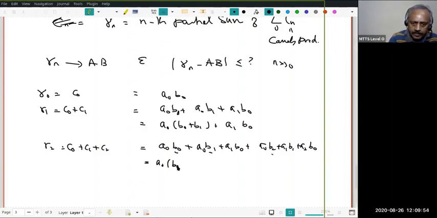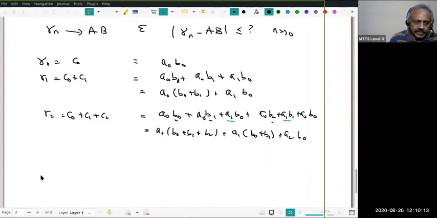Therefore, B naught plus B1 plus B2 plus, now collect A1 terms, A1 B naught and A1 B1. Therefore, it is A1 into B naught plus B1 plus A2 into B naught. You understand?